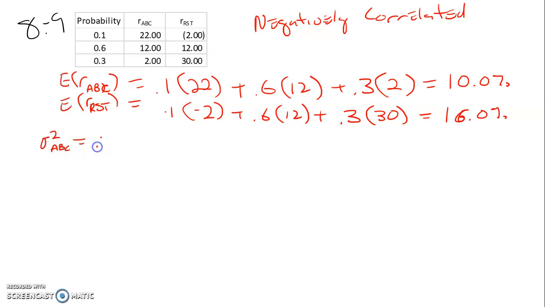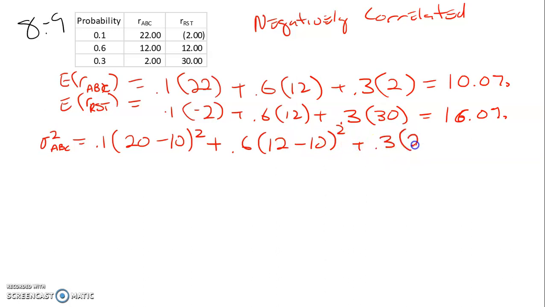That's 0.1 times the 22% minus the expected return of 10, squared, plus 0.6 multiplied by the 12% return minus 10, squared, plus 0.3 times 2 minus the 10%, squared. Multiply all that out and you should get 36.0.